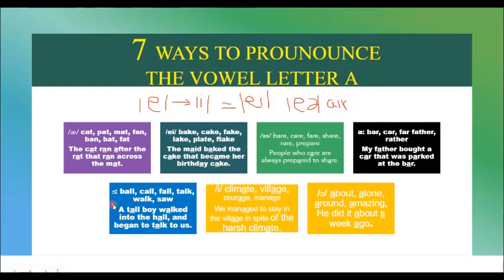The next sound is O. That also is a sound derivable from the vowel letter A. Don't forget, we are looking at 7 ways to pronounce the vowel letter A. And the sound we are focusing on right now is O. It occurs in the following words: ball, call, fall, talk, walk, and saw.